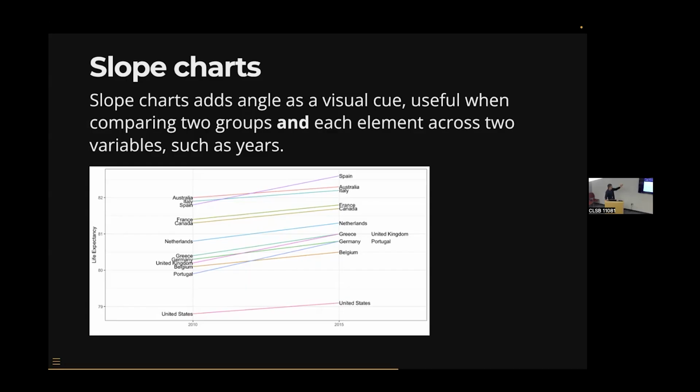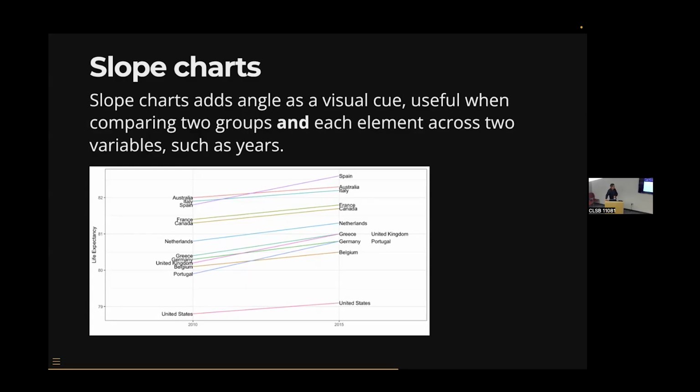This is comparing life expectancy in 2010 and 2015 by country. I just picked these countries. And I want to know two things. Which countries have higher life expectancy, and also which countries are getting better in these 5 years. Right? So I want to know two things.